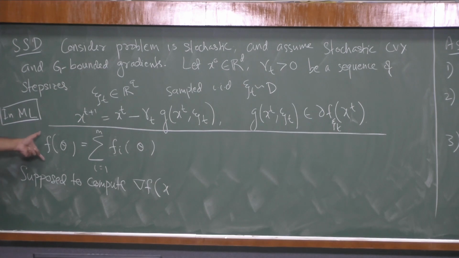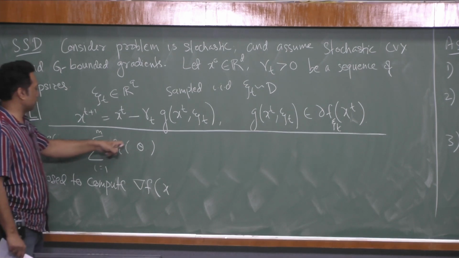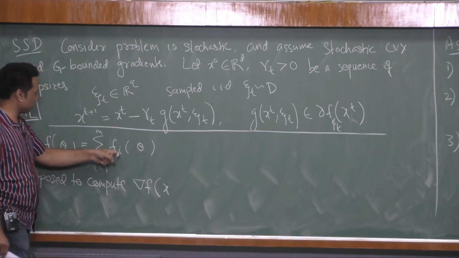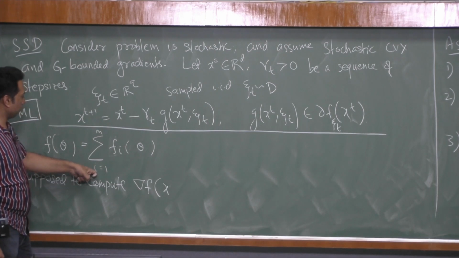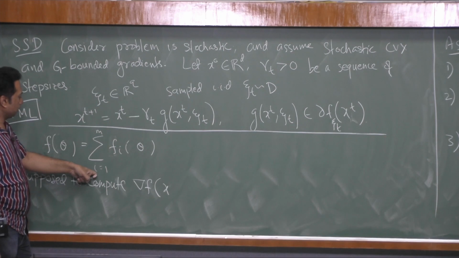This is what machine learning losses are, where you are trying to minimize the loss over some theta. Theta is the parameter of your model, and these losses are computed over each sample, i equals 1 to m.